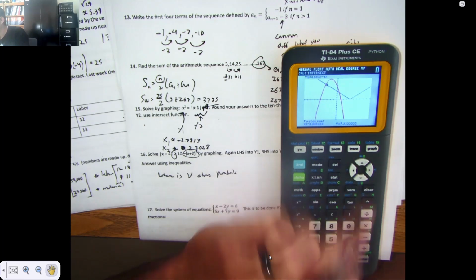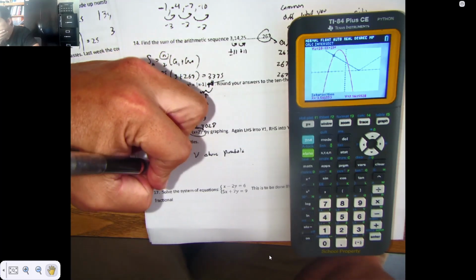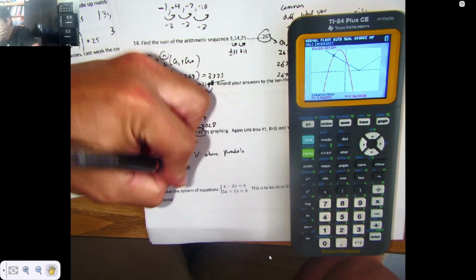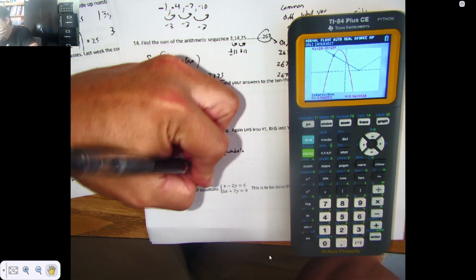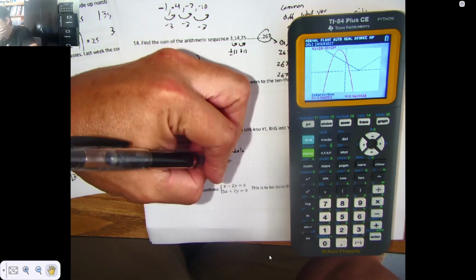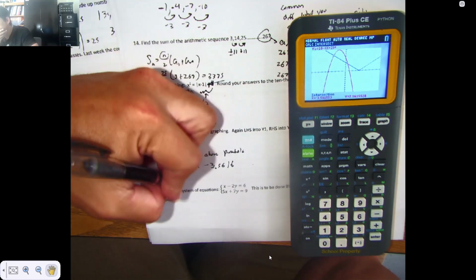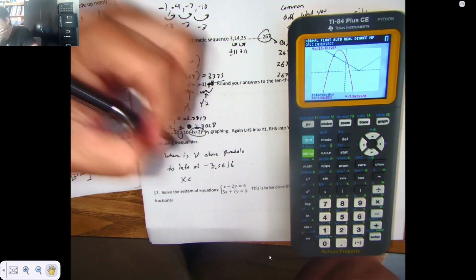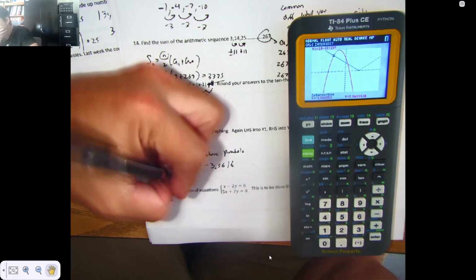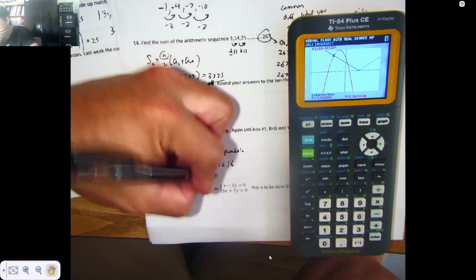I'm going after this x value here. Enter, enter, enter. It's above to the left of negative 3.5616, which means that x is less than or equal to negative 3.5616.